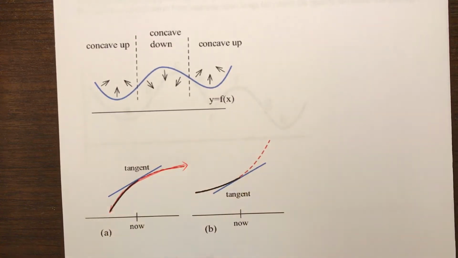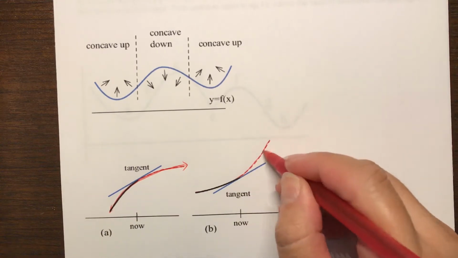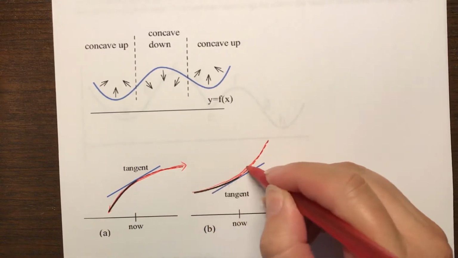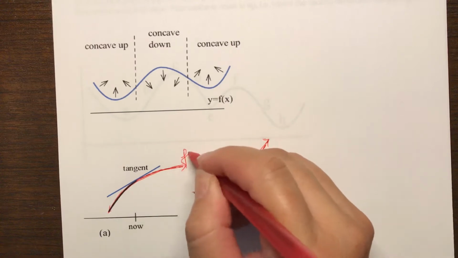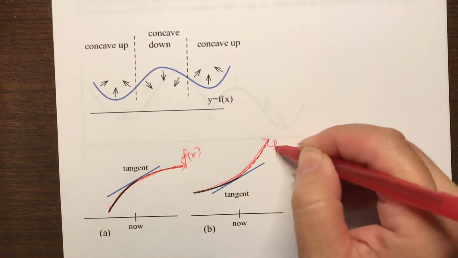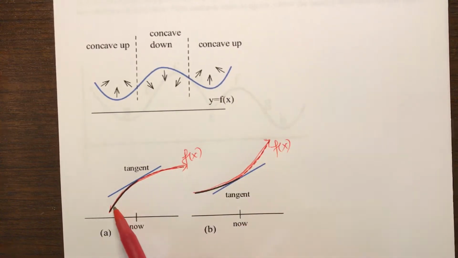And both of these functions right here, as a matter of fact, are increasing functions. So let's say I'm looking at this function f of x. Both these functions are increasing, right? They're going up. So we definitely know that their derivative is going to be positive.